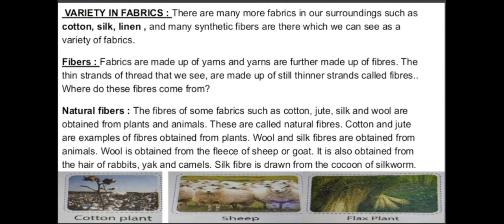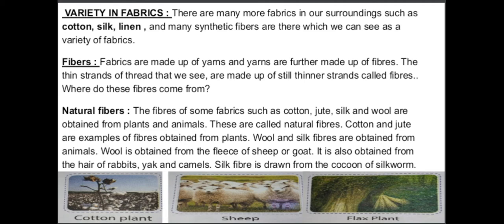These are called natural fibers. Why are they called natural fibers? Because cotton, jute, silk and wool come directly from plants and animals. So they come from nature, and that is why they are called natural fibers.